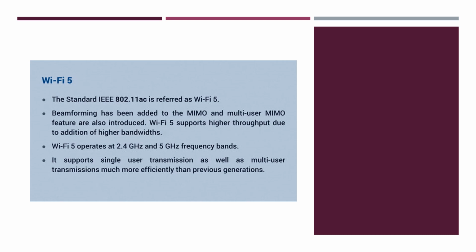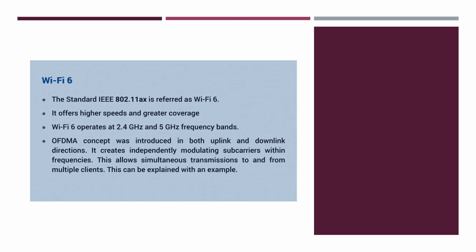Wi-Fi 5 supports higher throughput due to the addition of higher bandwidth. Wi-Fi 5 operates at 2.4 GHz and 5 GHz frequency bands. It supports single-user transmission as well as multi-user transmission much more efficiently than previous generations.